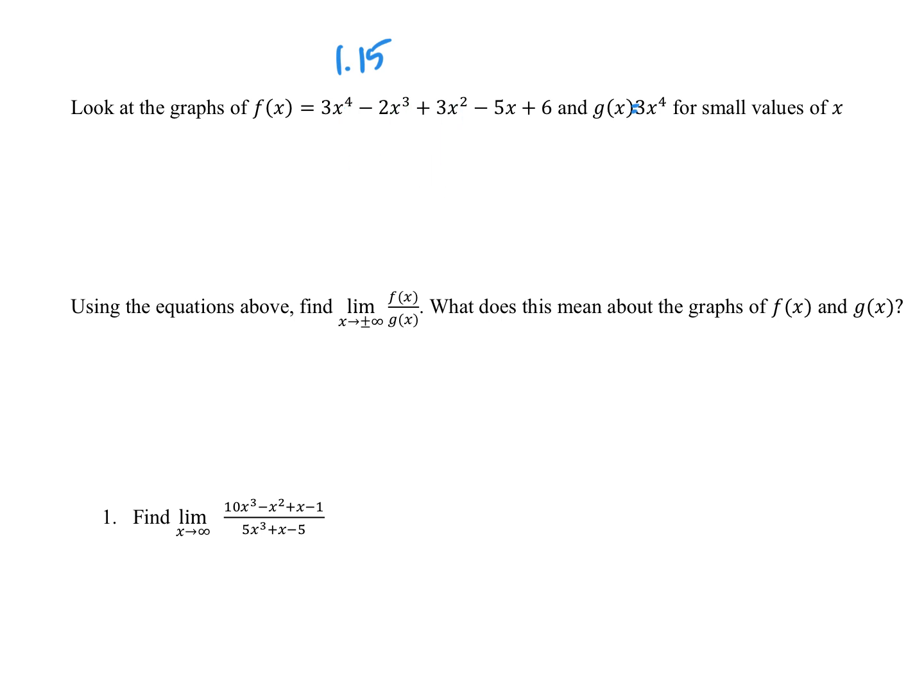This doesn't affect it. Check this out. Look at these graphs. So let's go, looks like that, and that one looks like that. Again, it doesn't matter where they are, but it says for small values of x. So we could say the limit as x approaches negative infinity of my function. What are they going to? Positive.